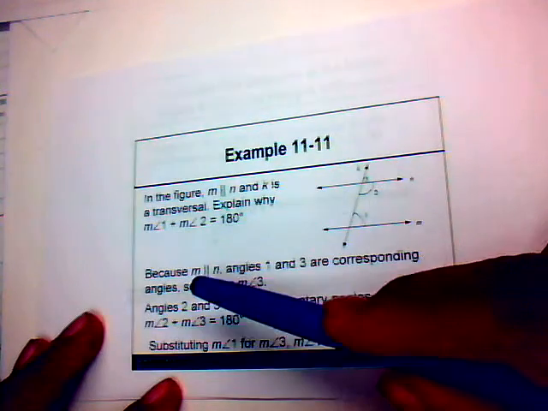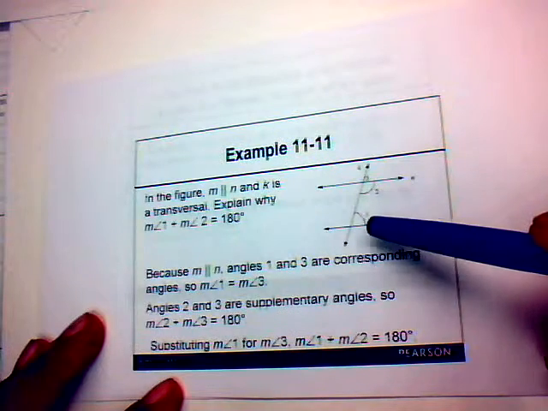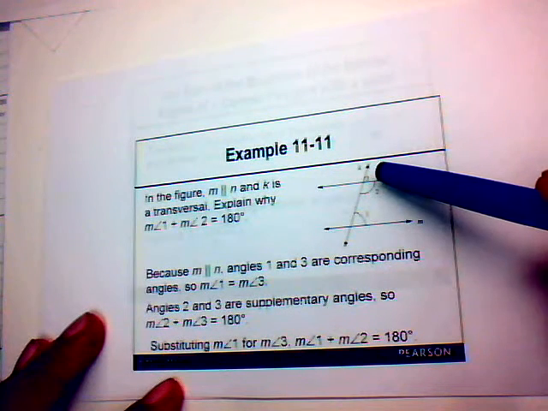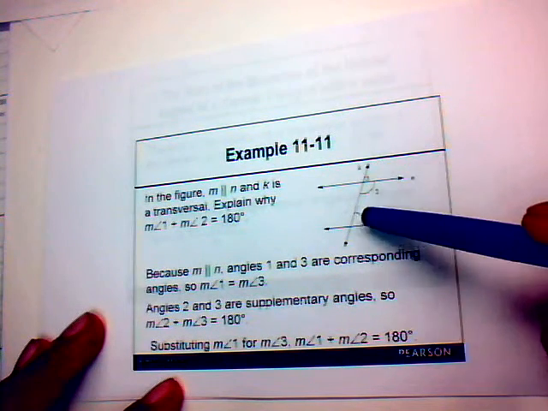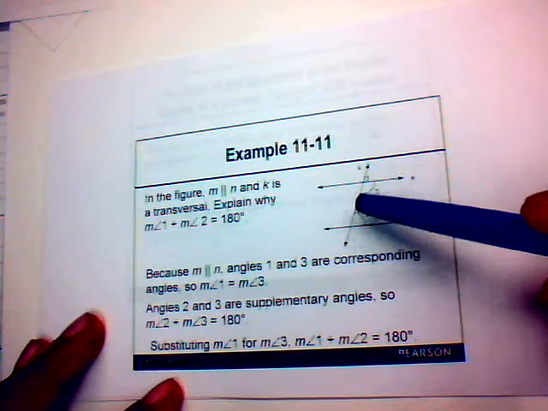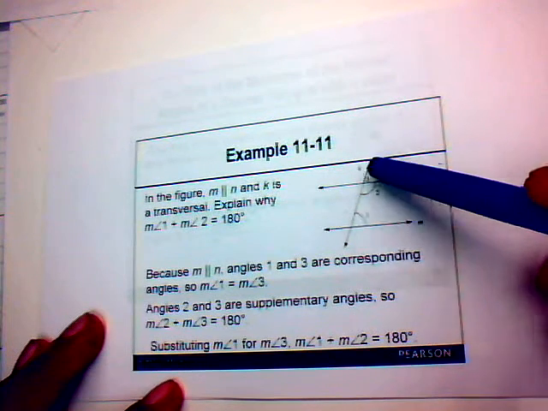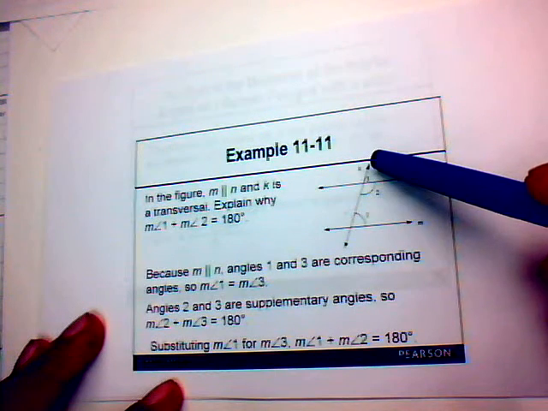All right, in this case, M and N are parallel to each other. Here, angle 1 and angle 3, which is way up here, are a pair of corresponding angles. And when we have two parallel lines cut by a transversal, that means that a pair of corresponding angles are going to be equal to each other.